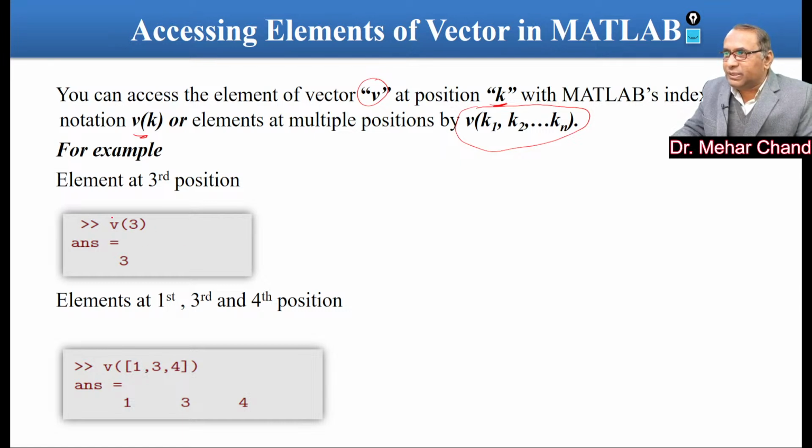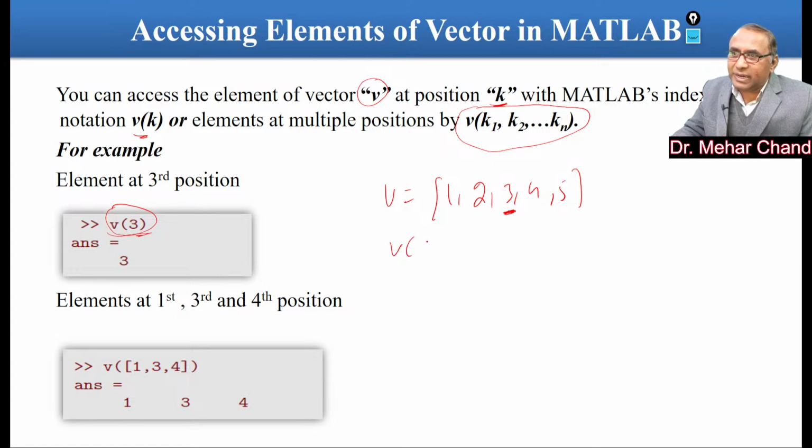See here v(3) is equal to, if we want to access the element at the third position, okay, we have to insert the statement in this way. If we have v is equal to 1, 2, 3, 4 and 5, this is the vector, and we want to extract this element, and this element is at the third position. Okay, so when we insert this statement, this will be equal to 3.